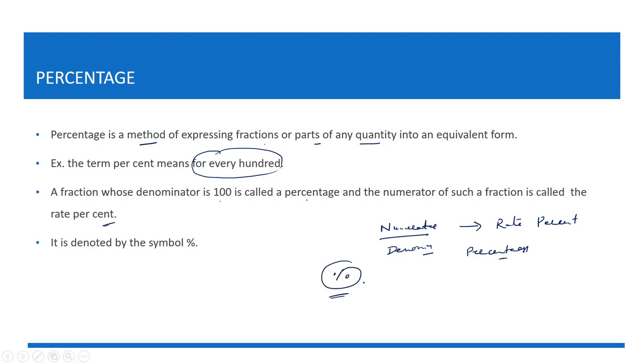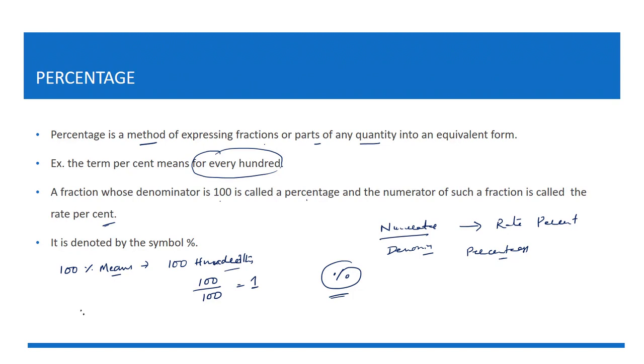Let us take 100%. What does 100% mean? 100 hundredths, which is going to be represented as 100 by 100, which is 1. 100 hundredth is called 100%.